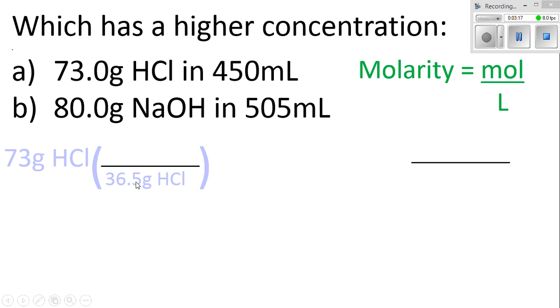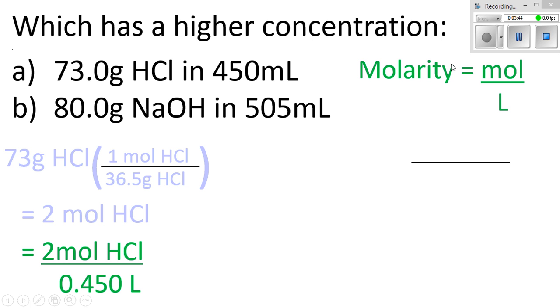That's going to be 36.5 grams of hydrochloric acid per 1 mole. This is 2 moles of hydrochloric acid, okay? If you can't see this without a calculator, 36 times 2 is 72. 0.5 times 2 is 1. 72 plus 1 is 73. Okay, so this is exactly 2 moles of hydrochloric acid.